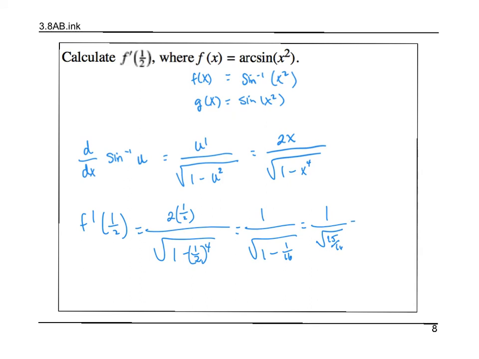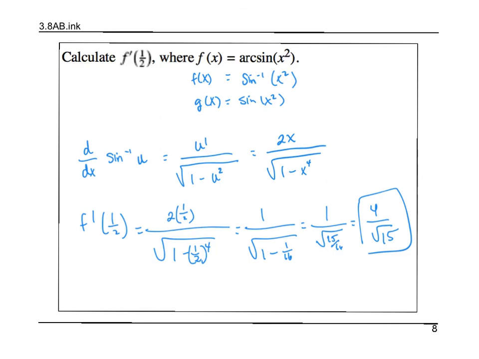We might as well simplify this a little bit. If we're dividing by that fraction, plus the square root of 16 can be simplified, this would flip and come out to be 4 over root 15. So that's using the rule.